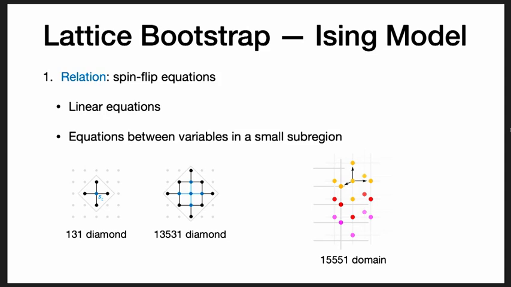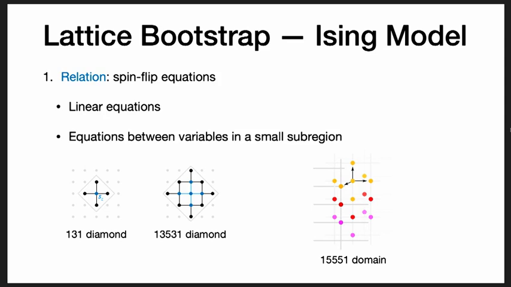But of course, you can go to slightly larger regions. So for example, you can consider this 13531 diamond, and you get a bunch of equations by considering flipping the sign of all these blue ones in this skeleton. And because the Ising model is simple, it's only interactions between nearest neighbors, it only affects one more side, these black ones here.